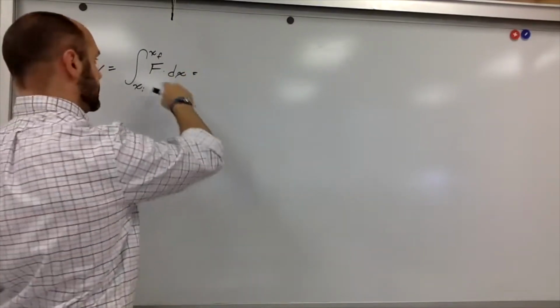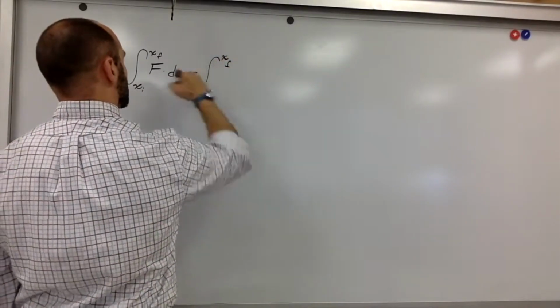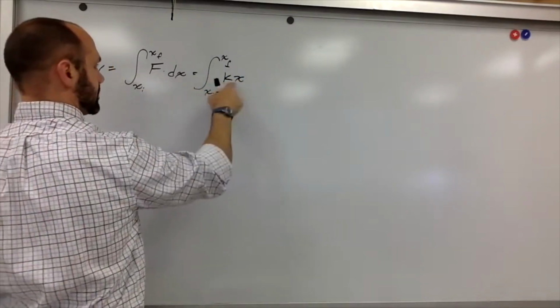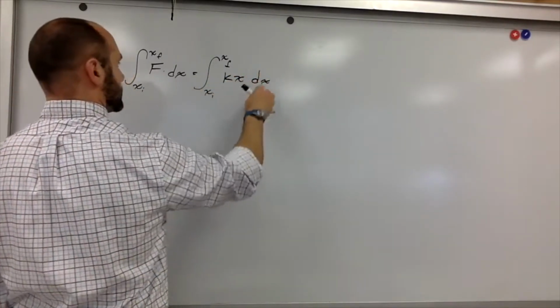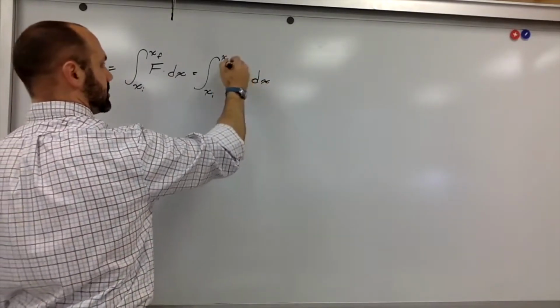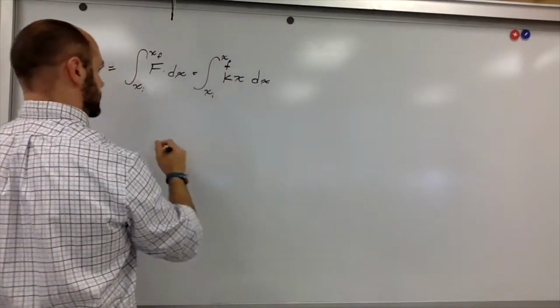But what's the function that tells us the force? I'm going to substitute in here kx, because this is now the function in terms of x dx. So I'm looking for the antiderivative of this with respect to x, and then plugging in these limits.